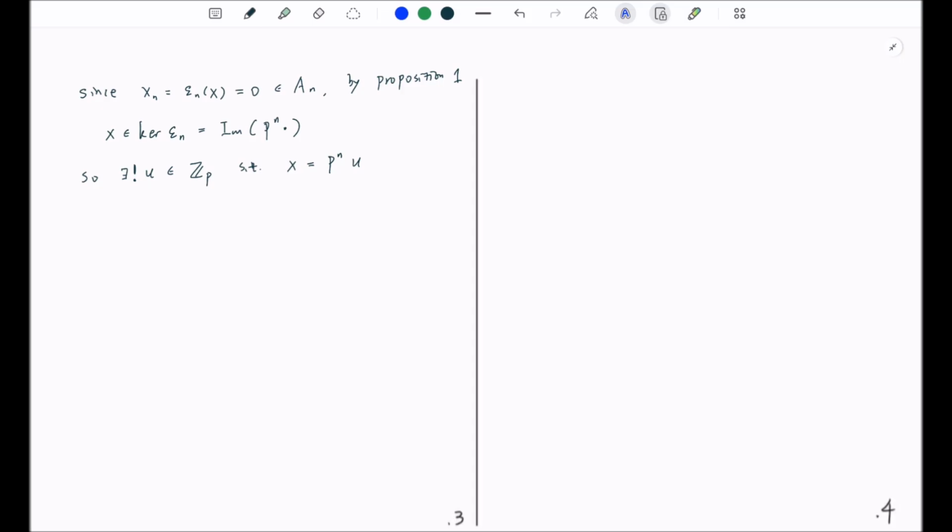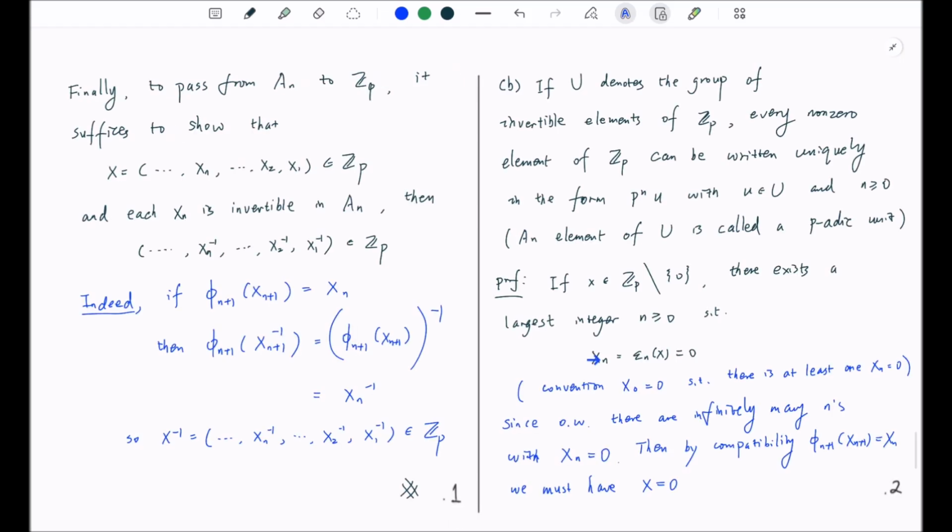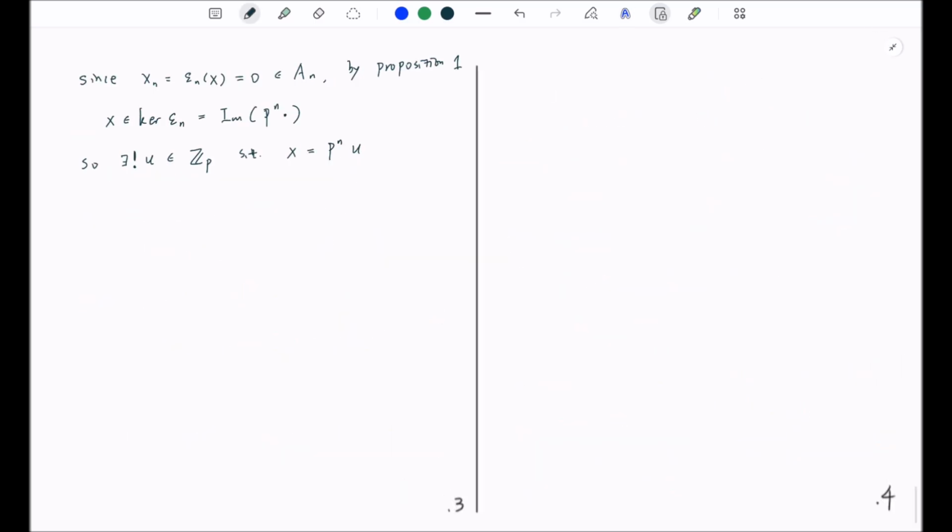Now, since this n is also the largest integer with xn equal to 0, we must have that this u is not divisible by p. Otherwise, you can always factor out a factor p and change this to x equal to p^(n+1) times some u prime.